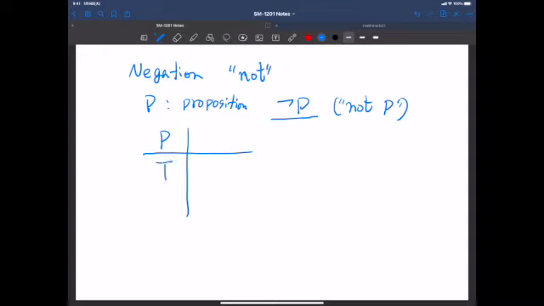P is either true or false. When P is true, not P is false. When P is false, not P is true. So it's just the opposite of P. Easy.